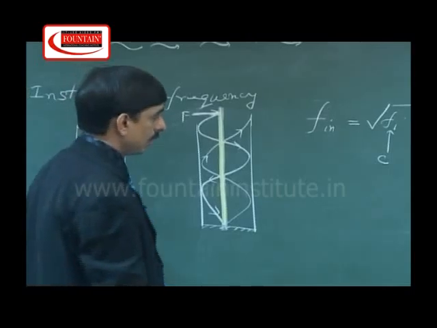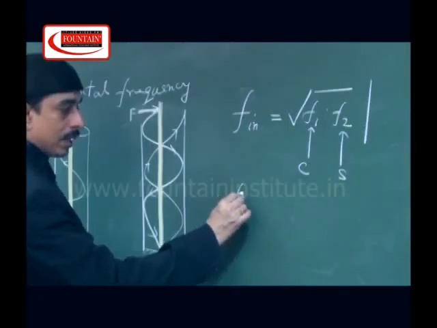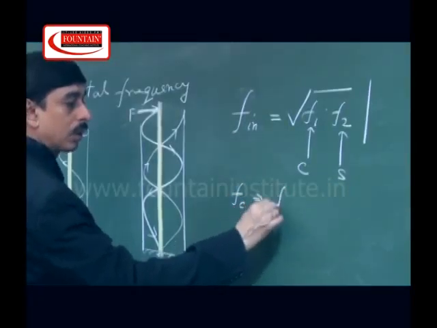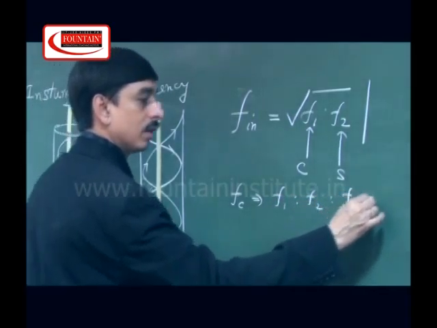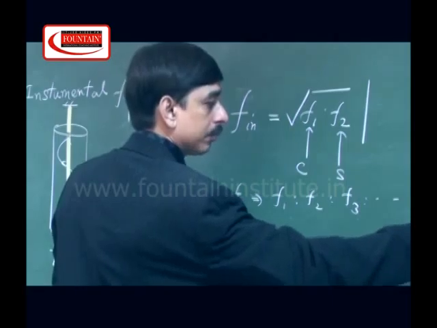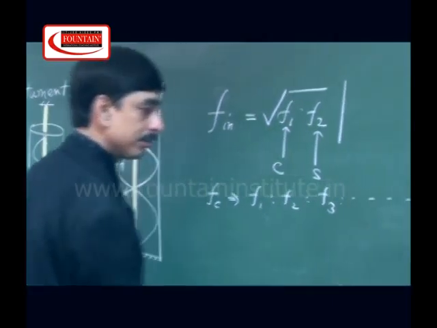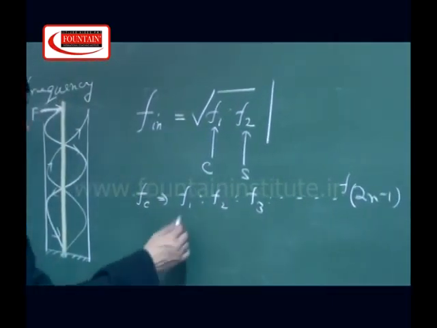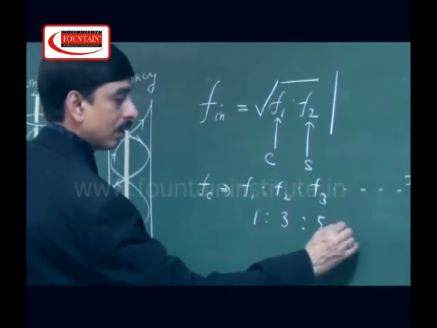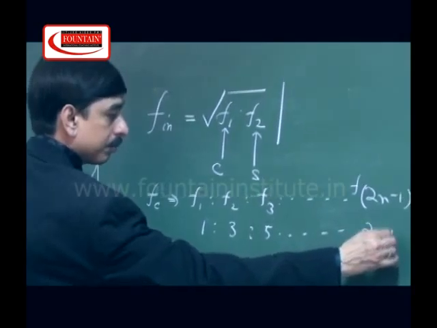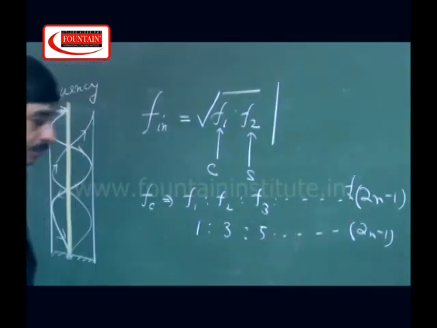As we know, frequencies in a closed organ pipe follow the ratio F1 : F2 : F3 and so on as 1 : 3 : 5 up to (2n minus 1) for the nth frequency.